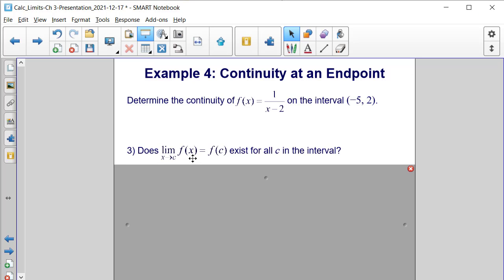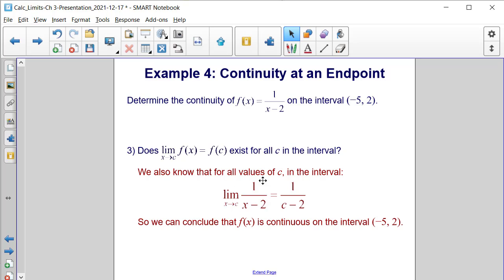Does the limit of f of x as x approaches c equal the function value at c? Does that exist for all c values within the given interval that we have? Well, we know that for all c values in our interval, the limit of 1 divided by x minus 2 as x approaches c would be equal to 1 over c minus 2.